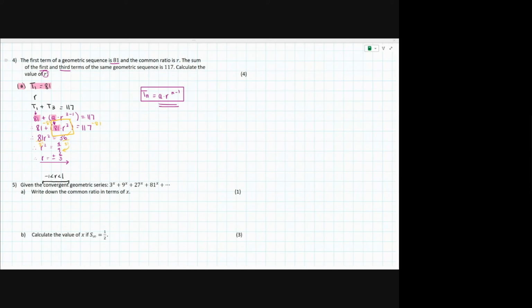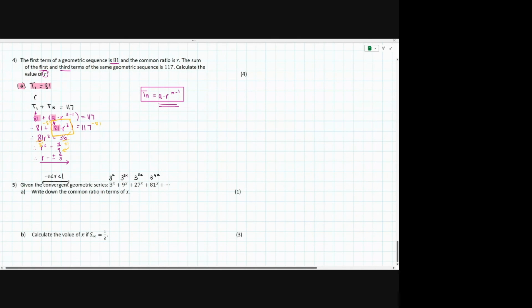Can we think of it in terms of exponents? Okay, these can all be written as a base of 3. So 3 obviously is 3 to the power 1, so that's 3 to the power x. 9 is 3 to the power 2, so 3 to the power 2x. 27 is 3 to the power 3, so 3 to the power 3x. 3 to the power 4x, etc., etc.